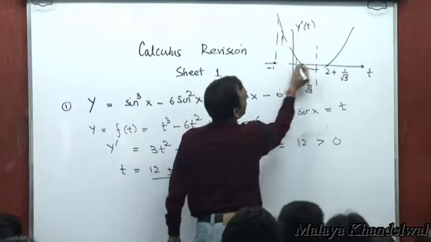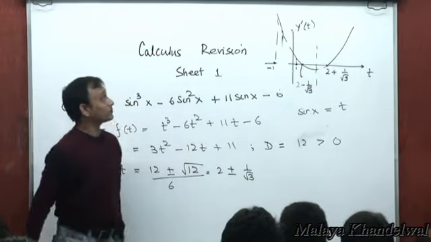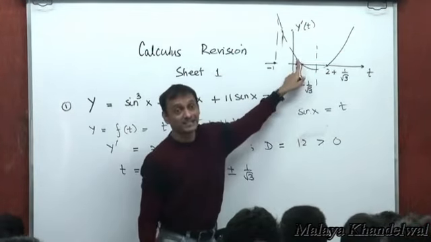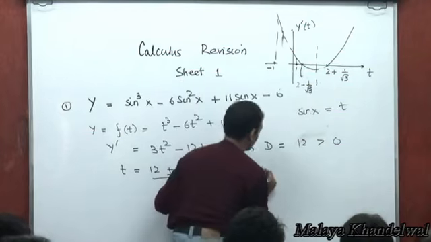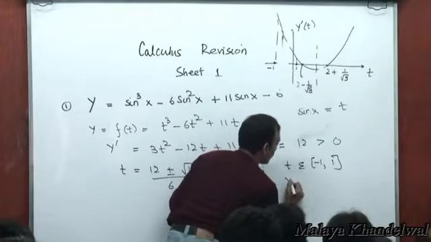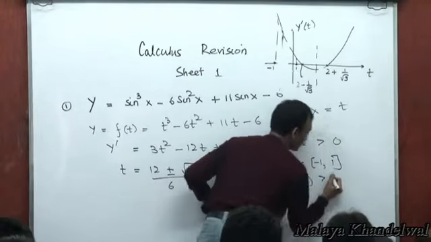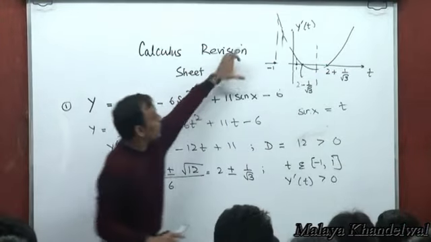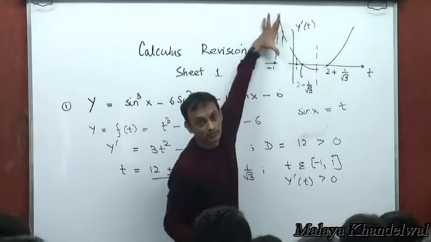Now, when t lies between minus 1 and plus 1, y dash t is positive. Do you realize that? For t belonging to minus 1 to 1, y dash t is positive, isn't it? This is y dash t versus t, right?